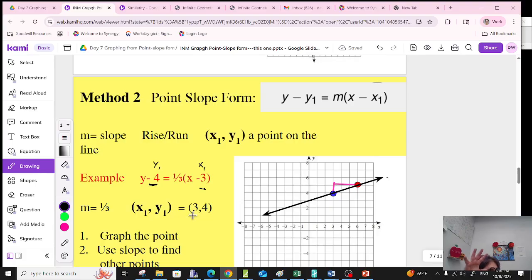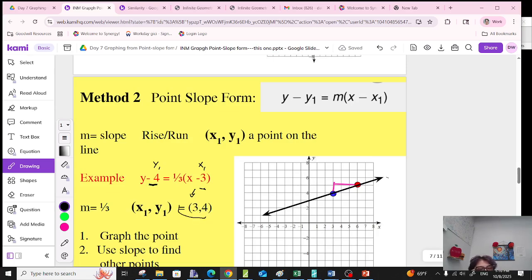Remember I said that earlier. Because the formula has it as negative, that means opposite of. So if this is negative 3, I write positive 3. And this is negative 4, so I'm going to write positive 4.